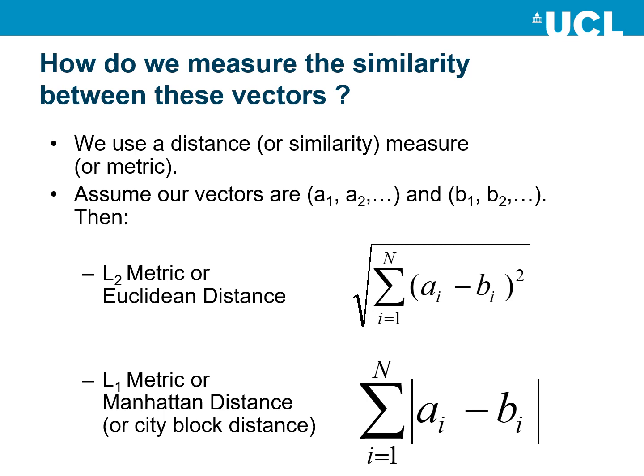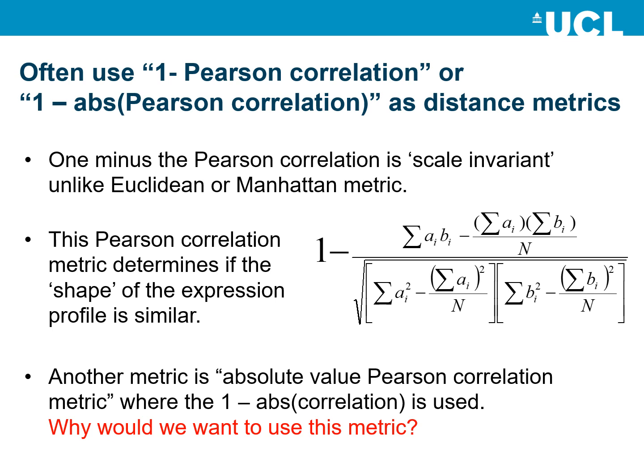But for microarrays, we often use something a bit more complex. This is Pearson's correlation, and we use what is often called Pearson's correlation distance. So we do 1 minus the Pearson's correlation.